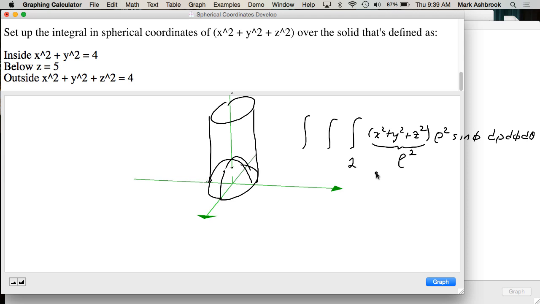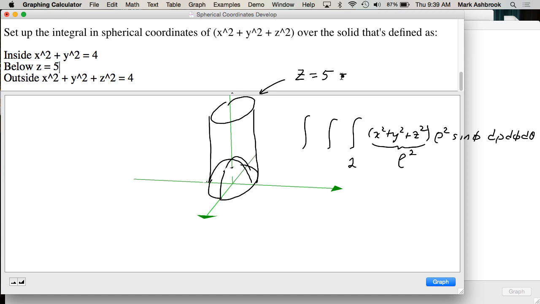Which angle? Phi. Depending on phi, we have a different surface that the arrow leaves through. If phi is a low value, then it leaves through what? What is 5 equal to? Z, right? So z equals 5. For low values of phi, it leaves out through z equals 5.